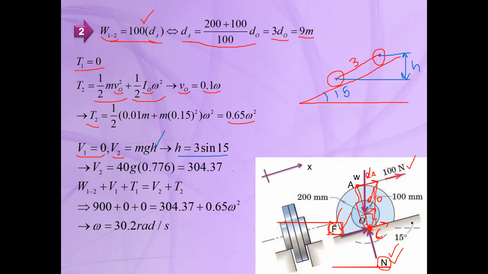Now we can substitute, and V sub 2, which is mgh, will be 304.37. Now we can substitute W, T, and V in the work and energy equation, and we can easily obtain that omega, the angular velocity, is equal to 30.2 radians per second.